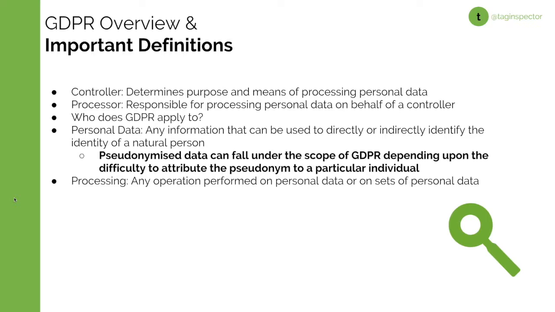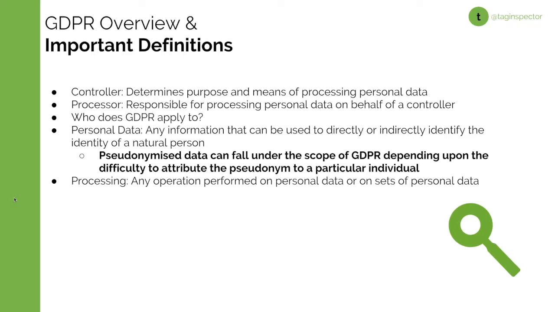GDPR applies to all individuals and all organizations in the EU. It also applies to US organizations if you have EU visitors visiting your website. Those individuals still are protected and have privacy rights afforded to them under GDPR, even though you are outside of the European Union. Personal data is similar under GDPR as it is under the California Consumer Privacy Act.